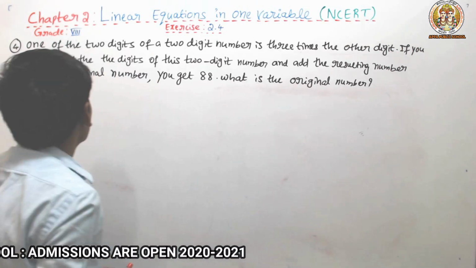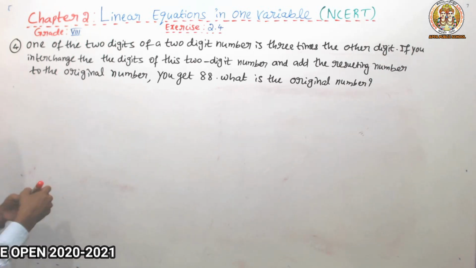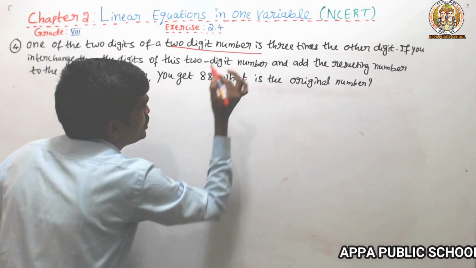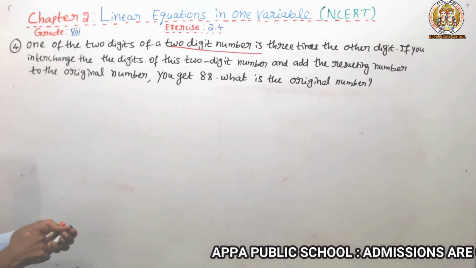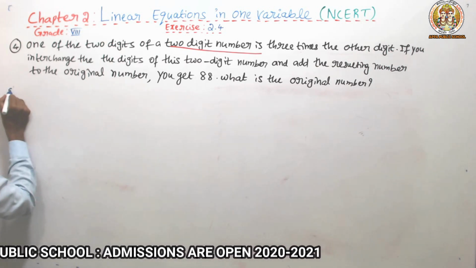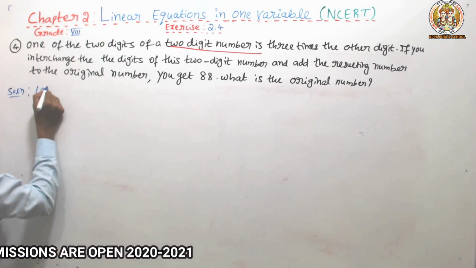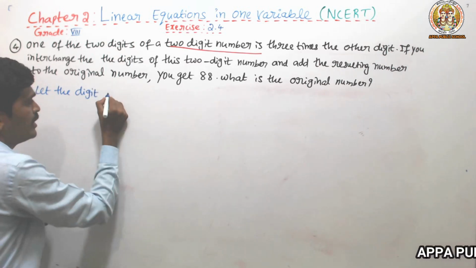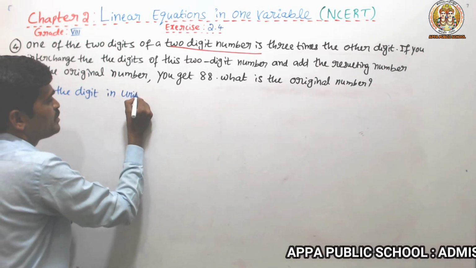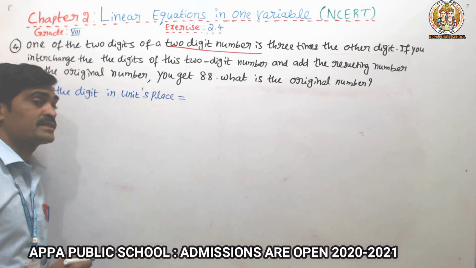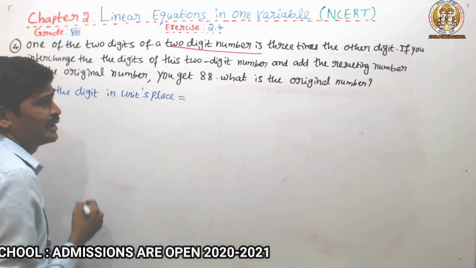See my dear students, again here one of the two digits of a two-digit number. Two-digit number means there are two place values. One is unit place, and one is tens place. So let the digit in units place be, instead of units you can take ones place, no problem, same meaning.